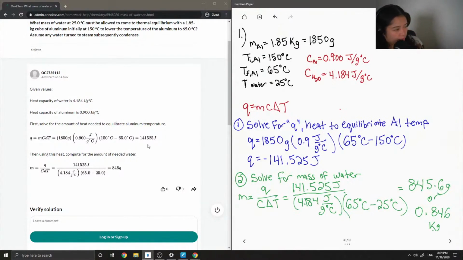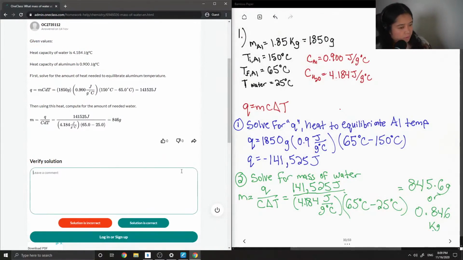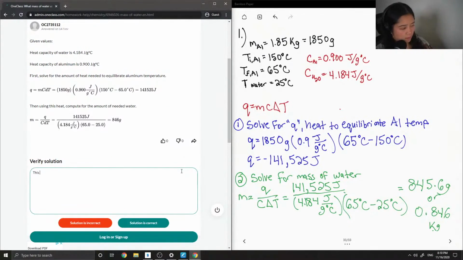They got 141,525 joules. Then, using this heat, compute the amount of needed water. They also got 846 grams. So I can say that this solution is correct.